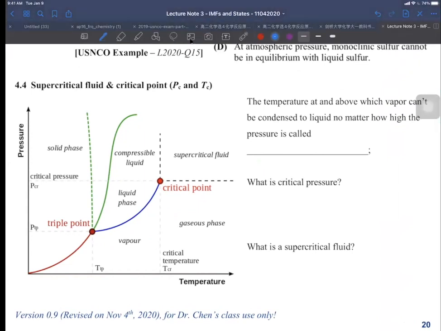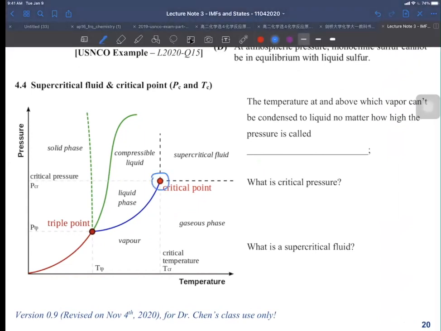In any phase diagram, there will be a critical point on the line between the liquid and the vapor. What does it mean? The critical point is made by a critical temperature and a critical pressure. The critical temperature is the temperature at and above which vapor cannot be condensed to liquid, no matter how high the pressure is.